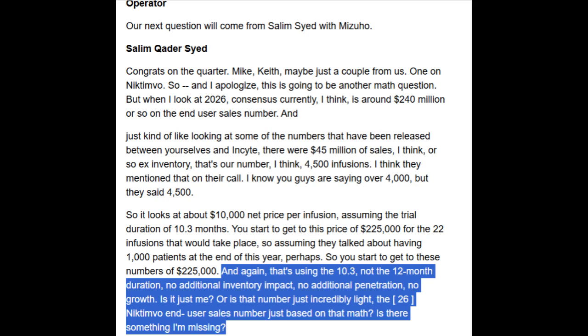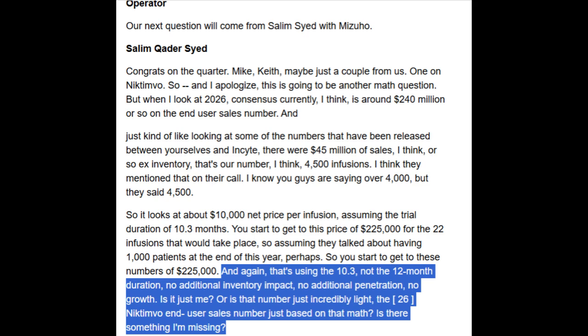Okay? So this guy, Salim Kader Syed, an analyst with Mizzou, he says, I'm trying to model out Niktimvo. Analysts think it'll make $240 million next year. I'm estimating that people will be on the drug for 10 months.